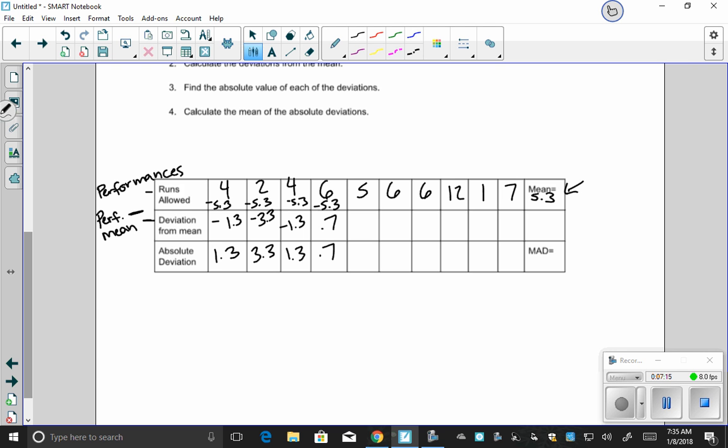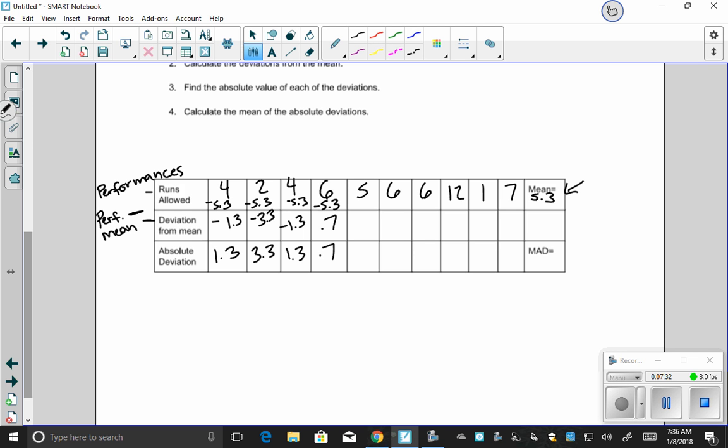So far we've covered steps 1 through 3. The last step we need to cover is step 4. And step 4 says to calculate the mean of the absolute deviations.